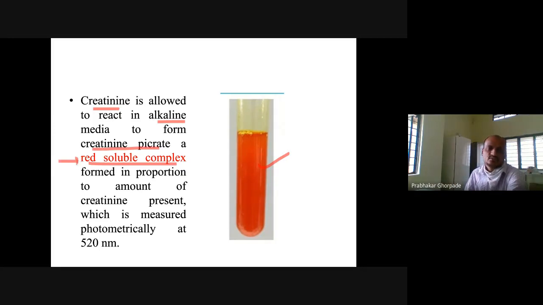The second thing we want in our principle is that the color forming in the test should form only because creatinine is present. So we have ingredients which give a red soluble color only when creatinine is present. Creatinine in alkaline medium reacts with picrate to give creatinine picrate, which has a red soluble color, and this can be measured photometrically at 520 nanometers.